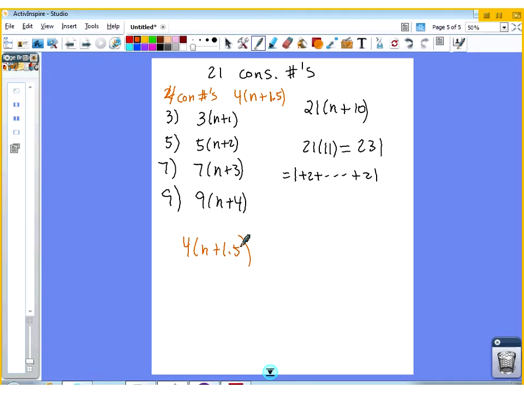So if you multiply this out, you get what? 4n plus 6. That's right. So does it work? But for 6 it would have to be in here, right? Oh, yeah. So it would be 6 times n plus 2.5.